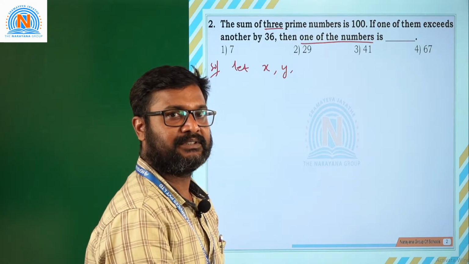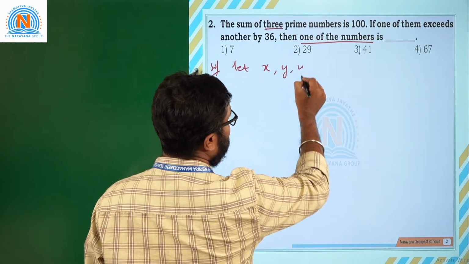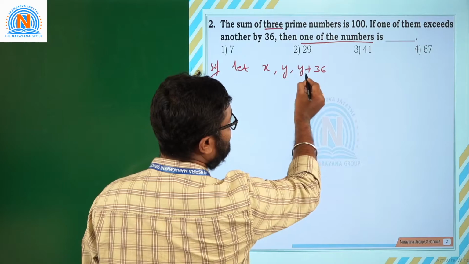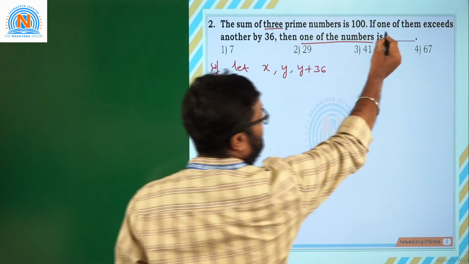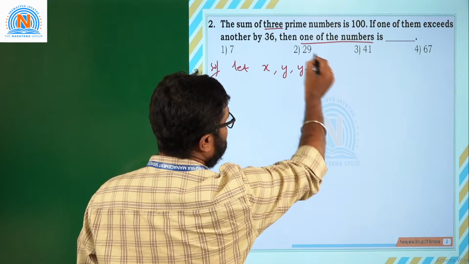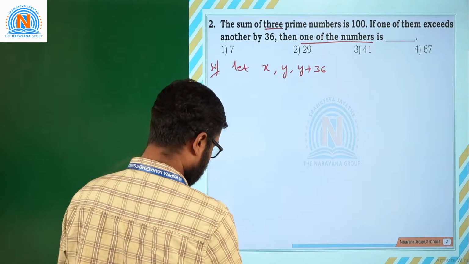So if I consider this as one number, then this will be y plus 36. So one of them exceeds another by 36.